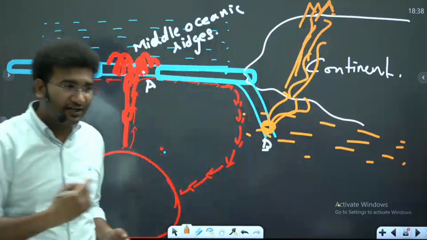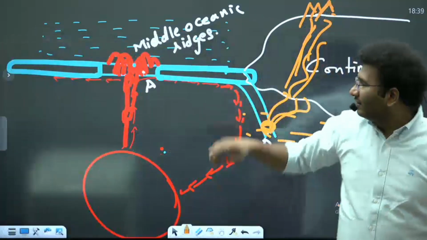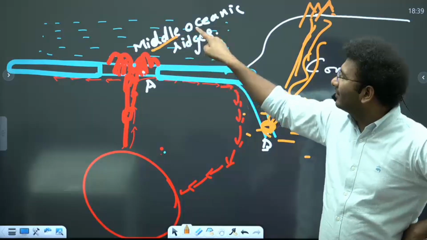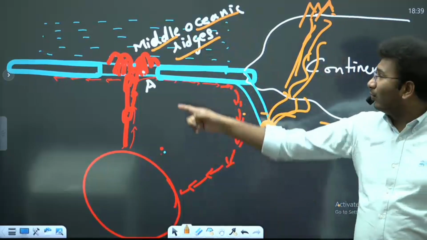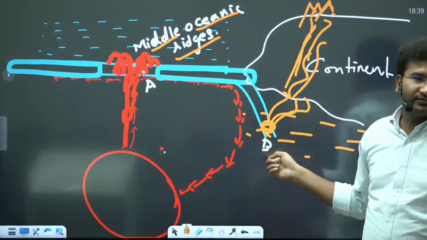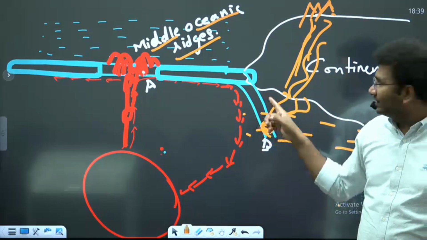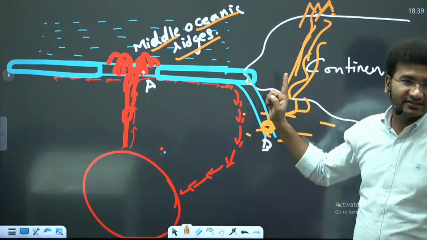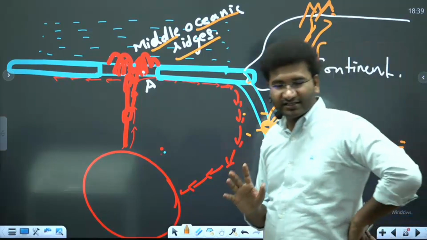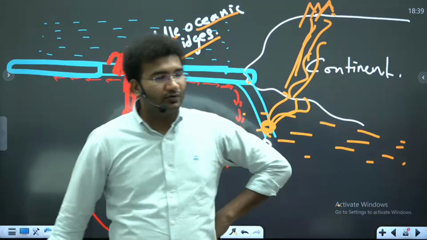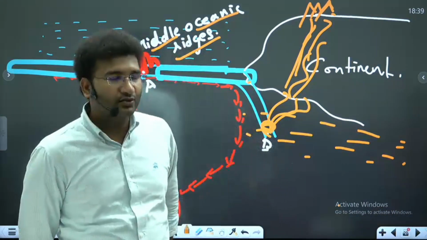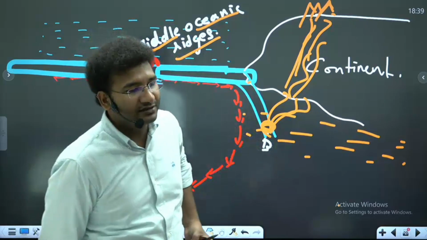Now where is new oceanic floor formed? New oceanic floor is formed at middle oceanic ridges. And the older oceanic floor is found at? The older oceanic floor is found at trenches. Trenches के आसपास में older oceanic floor will be there, and younger oceanic floors are found next to the middle oceanic ridges.